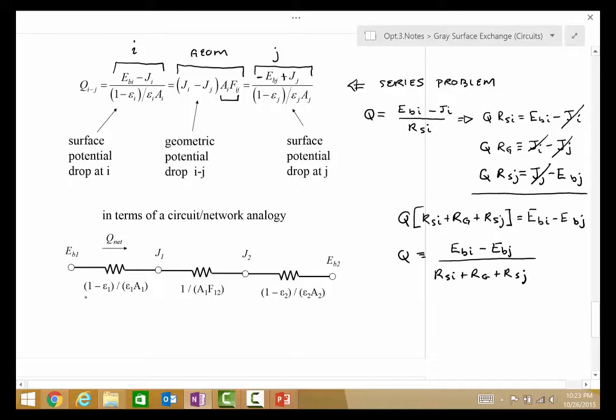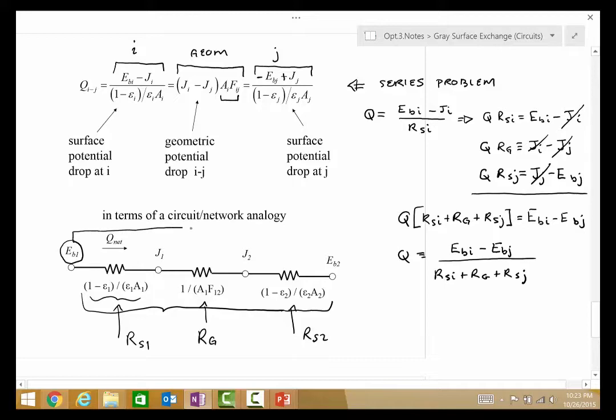And so this is a very powerful way of thinking about this problem. Make sure that you understand the correspondence. This is RSi, or RS1 in this notation. This is the geometric resistance. And this is RS on surface 2. Note the potentials. The overall driving potential drop is between Eb1 and Eb2. The intermediate potentials are the radiosities.